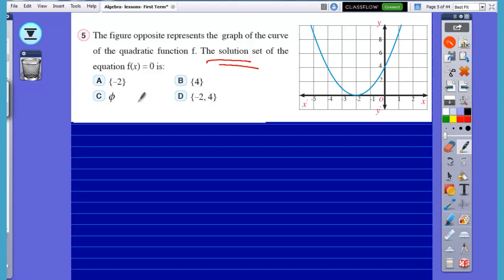Here, the curve touches the x-axis at only one point, which is negative 2. So the solution set is negative 2, at letter A. Solution set equals negative 2.